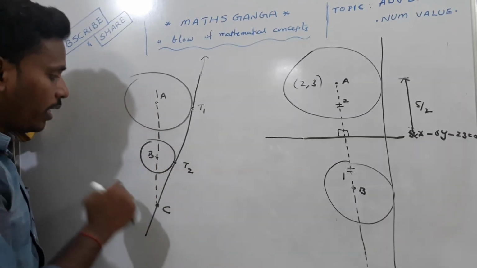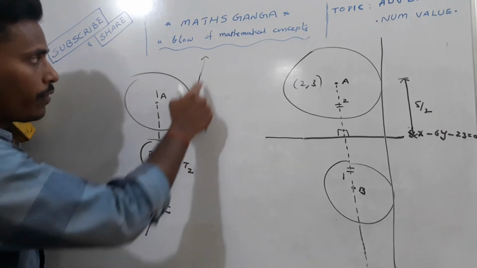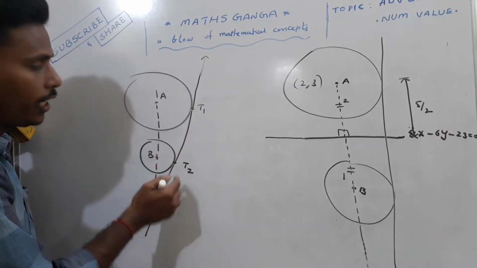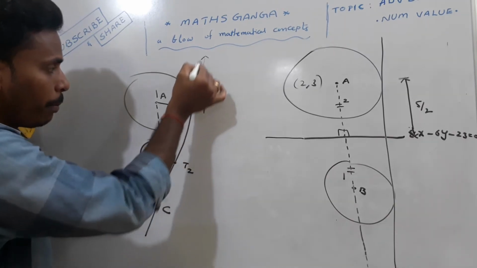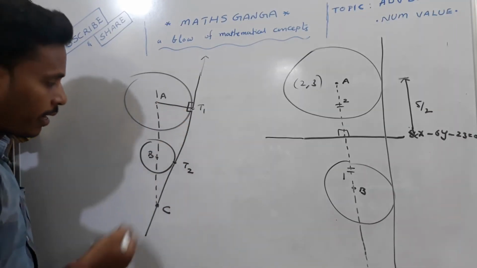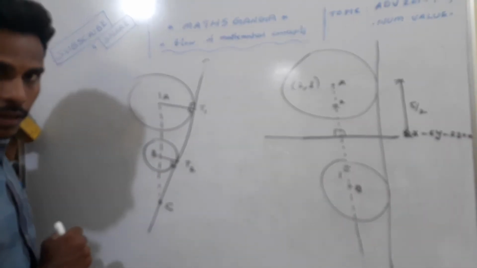I need to calculate AC. If the line touches here at T1 and here at T2, this is surely perpendicular because it is a tangent line and this is the radius line, and this is also surely perpendicular, tangent line and radius line.